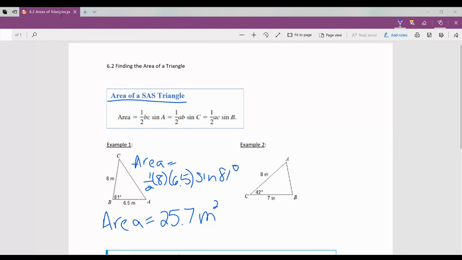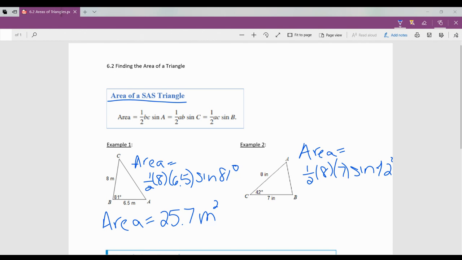All right, so the next one we've got area is equal to 1/2 side 1 times side 2 times sine of the angle sandwiched in between, 42 degrees.